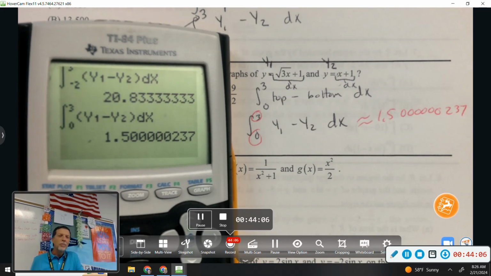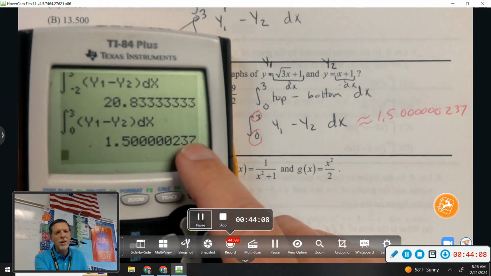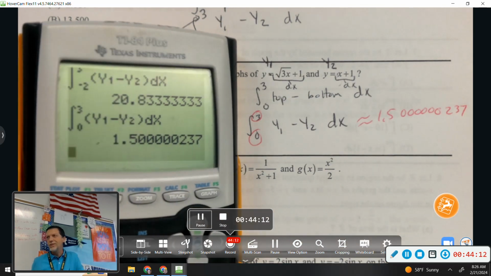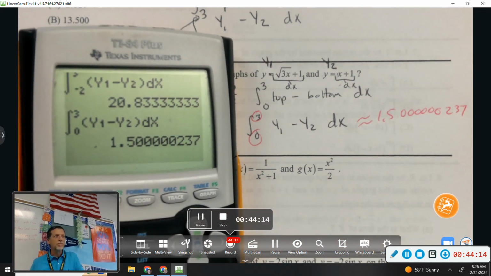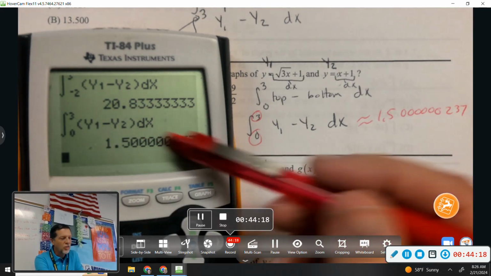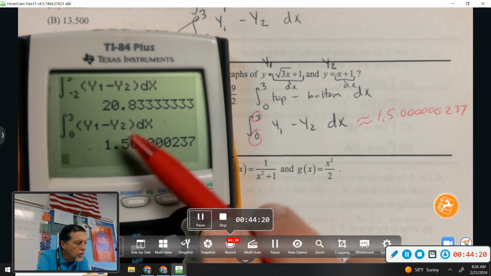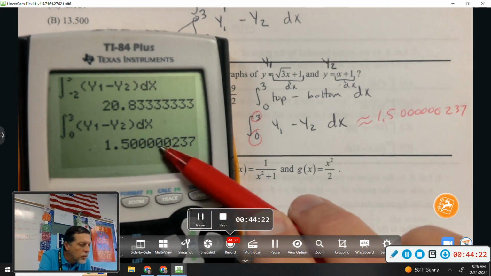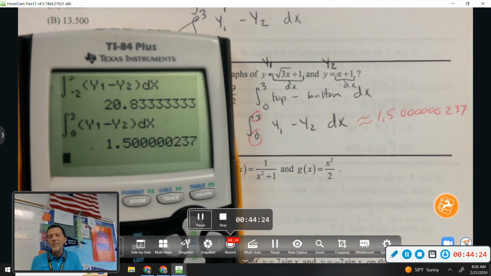And so sometimes you get answers where you think, wait a minute, is that right? The reason it's not exact is the calculator used an approximation. Again, it used way more rectangles than we would use, so its answer is right to the nearest 1, 2, 3, 4, 5, 6 decimal places. So that's good enough.